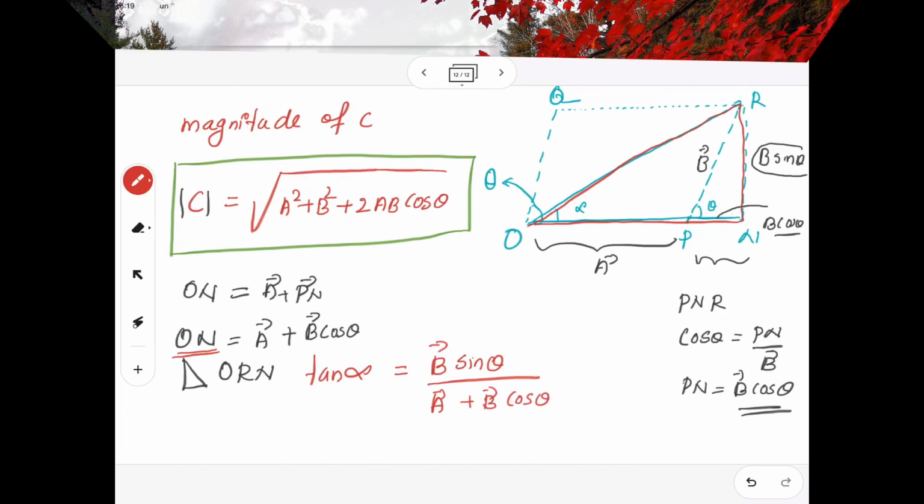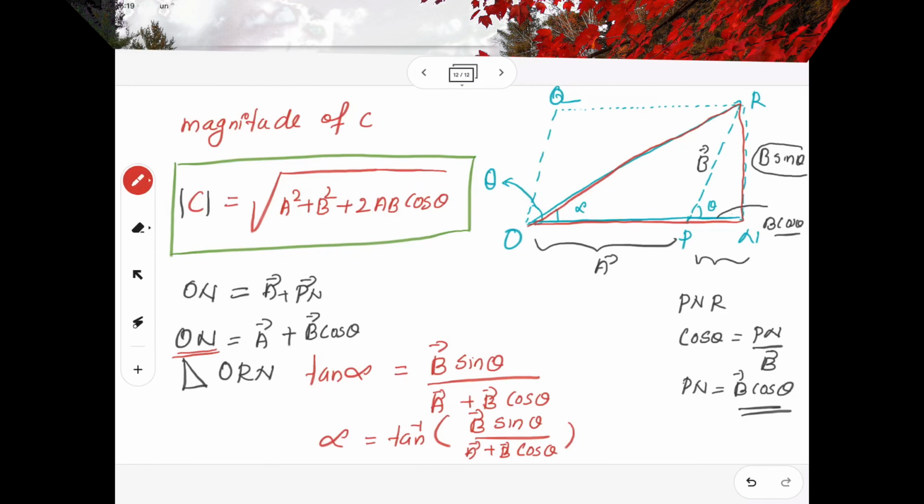So tan alpha is B sin theta divided by vector A plus vector B cos theta. That means alpha is equal to tan inverse of vector B sin theta by vector A plus vector B cos theta.